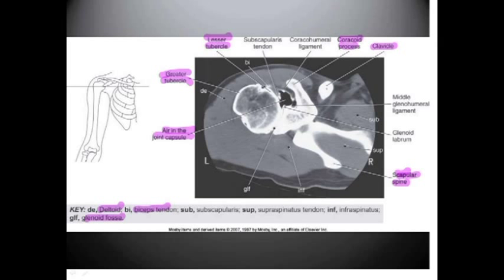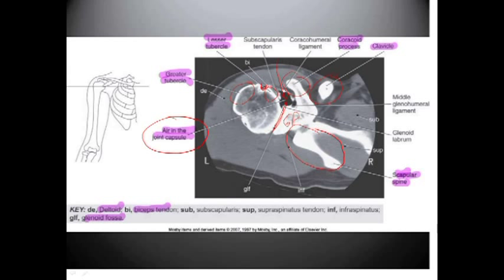Okay, so that brings us to this image. Here we can see virtually the same as the previous images, with the glenohumeral joint here, the glenoid process, intertubercular groove here, or bicipital groove, greater tubercle, lesser tubercle, acromion, scapular spine, clavicle, and also notice that there is air in the joint capsule.